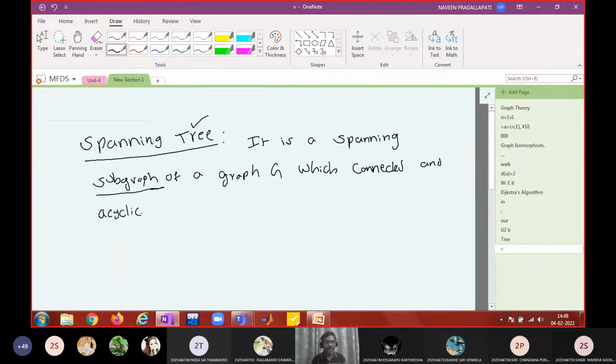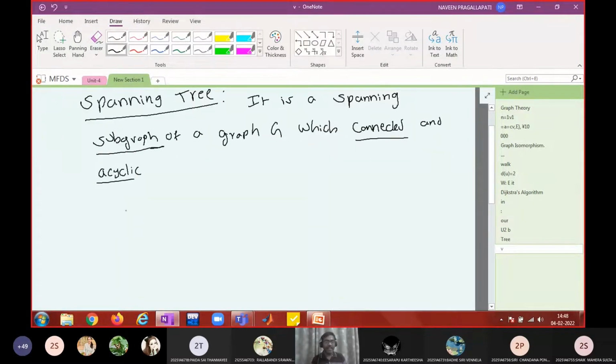Am I right? And what do you mean by spanning? When do you say a subgraph is a spanning subgraph of a graph? If both the subgraph and the original graph contain the same number of vertices, then it is said to be a spanning subgraph, right?